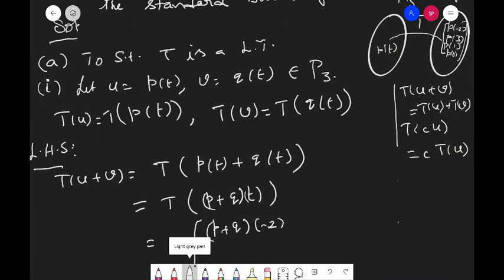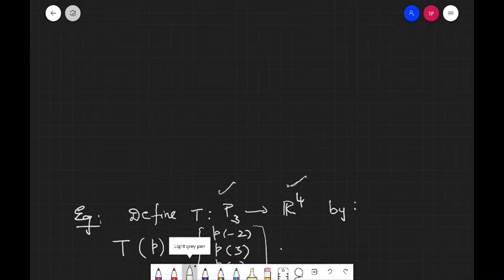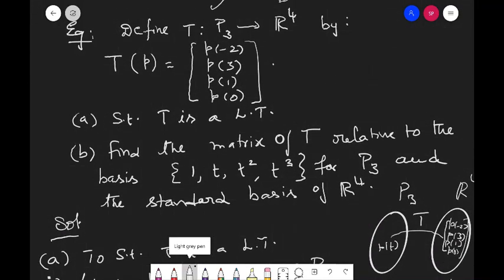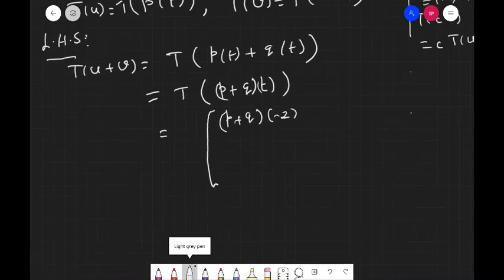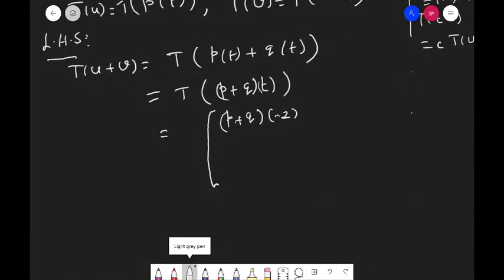If this is T of P of t, then in place of t put minus 2, 3, 1 and 0. So it will be P plus Q of minus 2, then P plus Q of 3, P plus Q of 1, and P plus Q of 0.